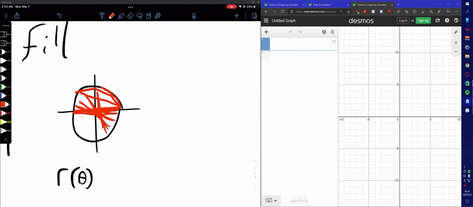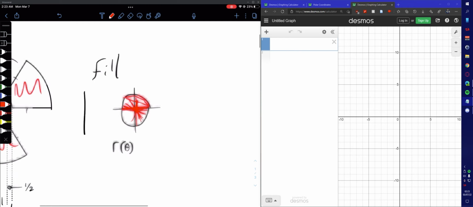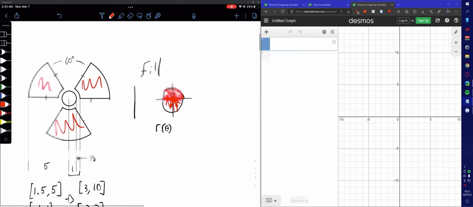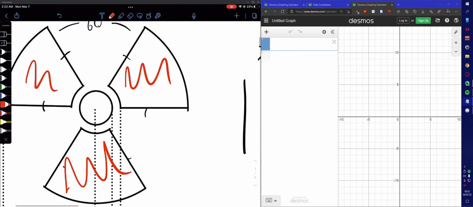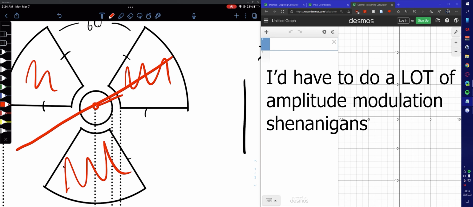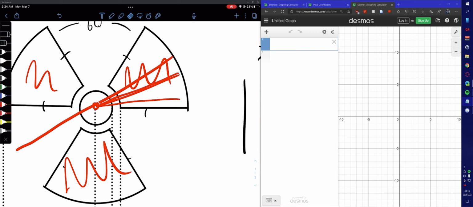Okay. So that works. It'll fill in the circle, actually relatively efficiently for what the graphing calculator can do. The problem is, it would go right through here. It would go right through, which means we would have to set the amplitude to 0. And it's a big mess.